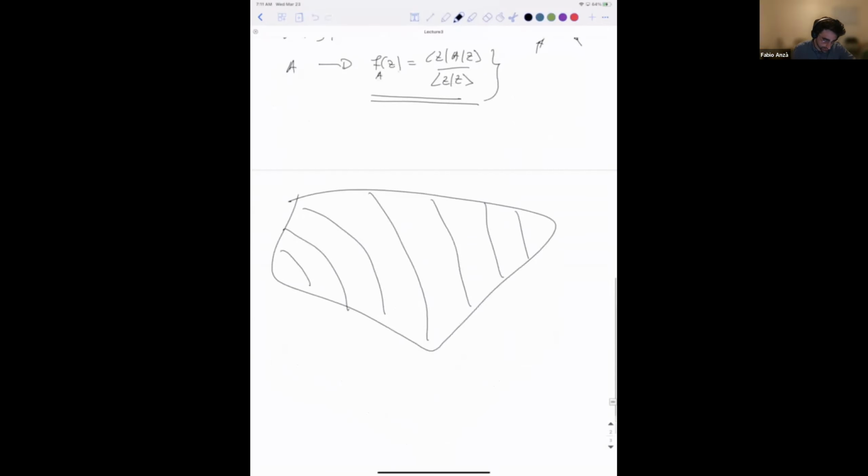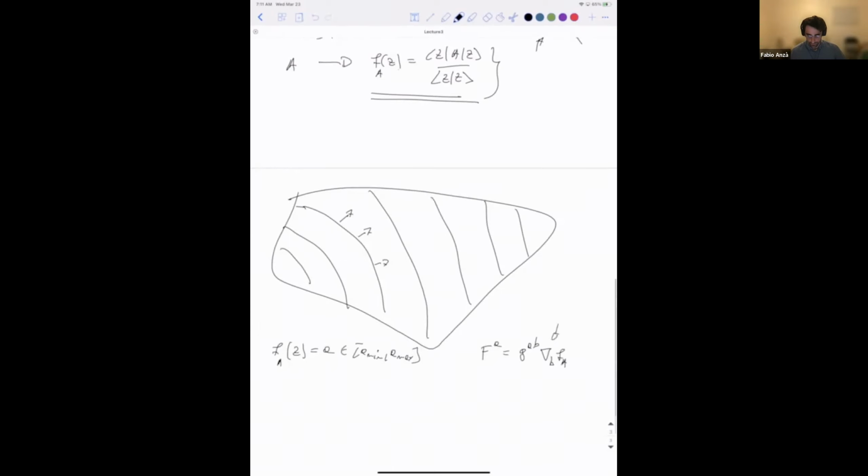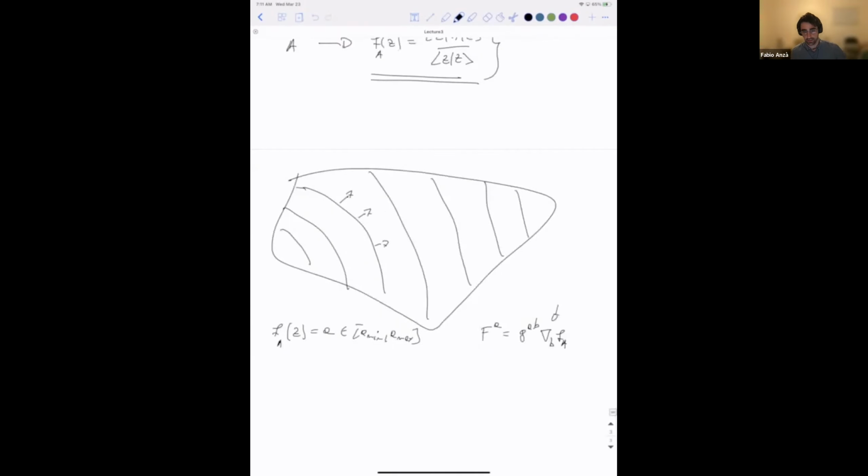These are surfaces where f_A(z) equals some a that belongs between a min and a max. Once I have this level set, I can look at the gradient, which gives me a vector field defined by G_A = g^AB ∂_B f_A. And this is just the gradient, written in a coordinate-agnostic way.